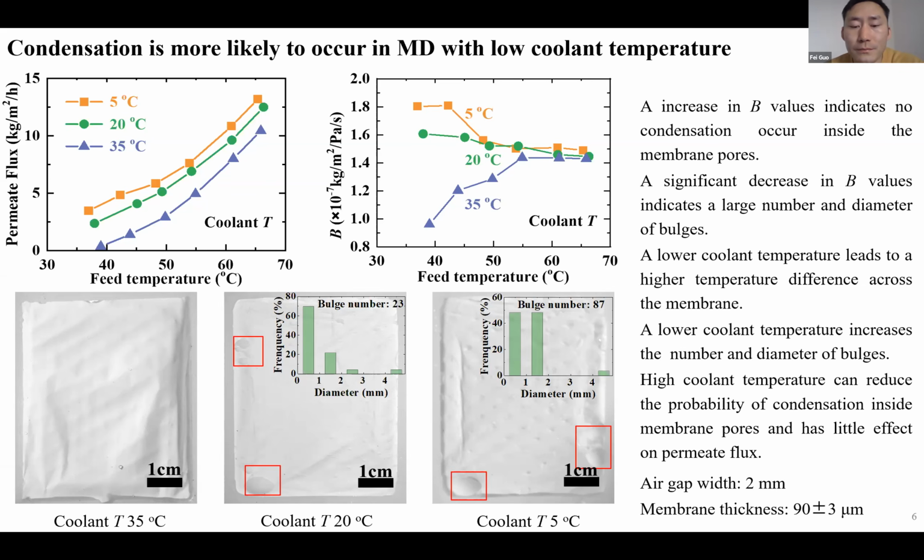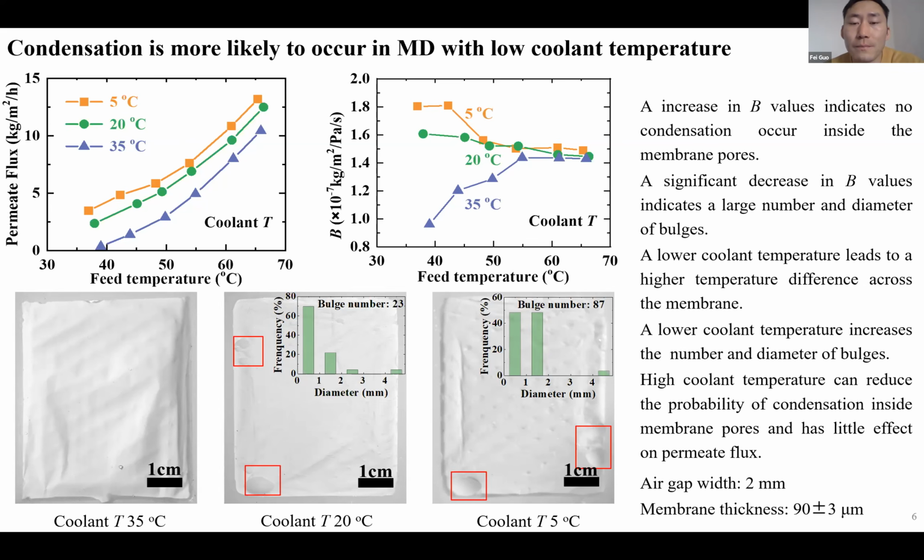For the MD process with the coolant temperature kept at 5 centigrade, the membrane surface shows some bulges. A significant decrease in the B values also indicates a large number and diameter of bulges. This is because the low coolant temperature leads to a higher temperature difference across the membranes.